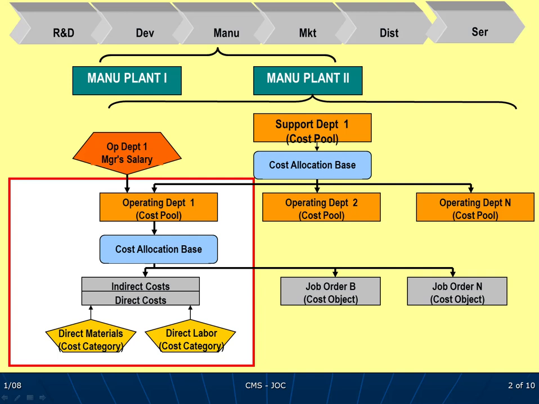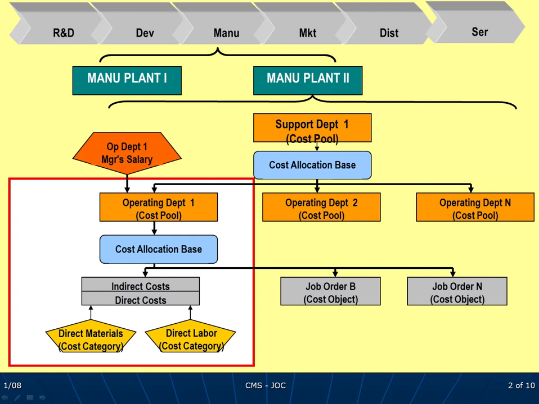Now here's the problem. Let's assume that the indirect manufacturing resources that we have are broadly capital intensive and labor intensive. And let's just assume that roughly half of them are capital intensive and the other half are labor intensive. But we only have one cost pool. Because we only have one cost pool, we can only calculate one rate.